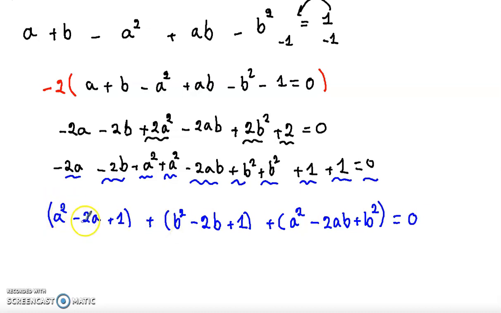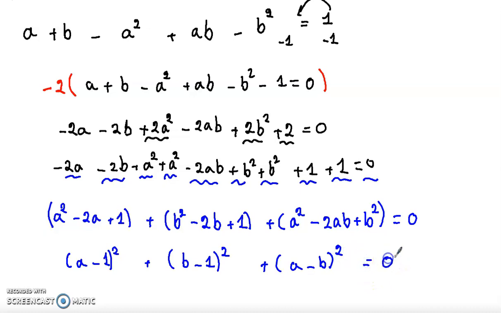Now a squared minus 2a plus 1 is a minus 1 all squared. Here it's b minus 1 all squared, and here it's a minus b all squared, equal to 0.